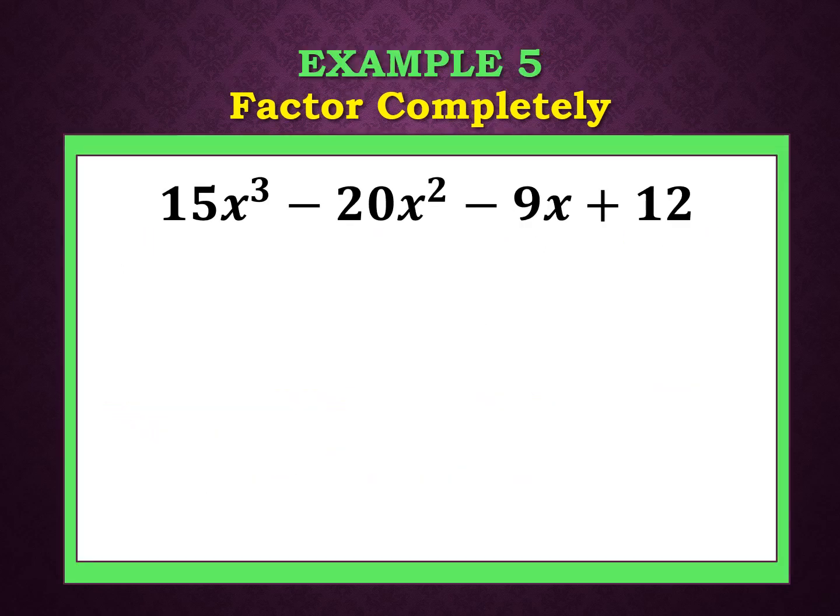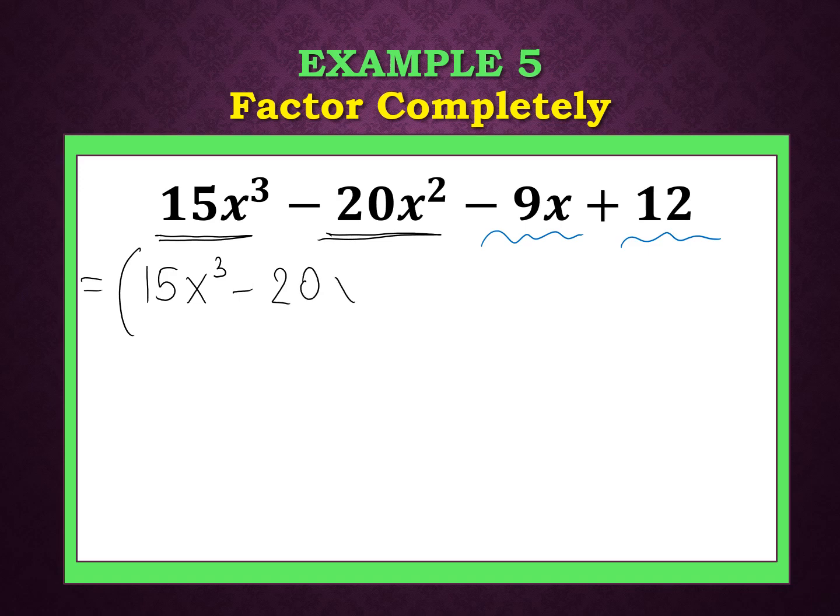Example 5. We are going to factor the polynomial 15x cubed minus 20x squared minus 9x plus 12 by grouping. So we combine the first term and the second and the third and fourth. We have 15x cubed minus 20x squared plus negative 9x plus 12. Now the first parenthesis has greatest common factor 5x squared.